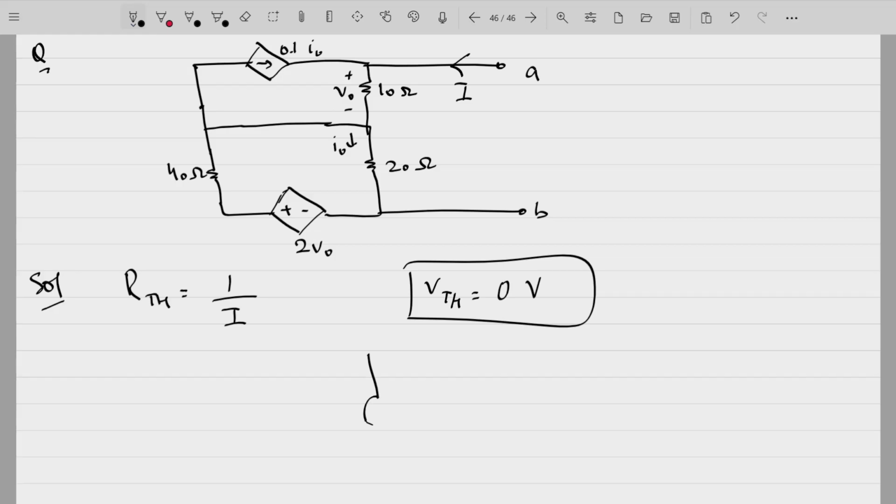The Thevenin's equivalent of this will then be equal to, this is your point A, this is your point B. RTH जो भी वैल्यू आप निकालोगे, VTH ये 0 volts है. RTH का वैल्यू क्या आएगा इस केस में? Find out RTH in this.